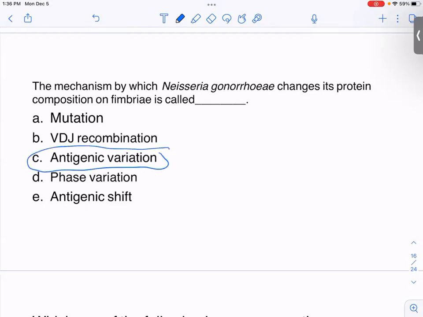Phase variation is when the fimbriae detach. Okay, so that's related. We're going to talk about antigenic shift in relation with influenza. So some of those terms get a little bit confusing. V(D)J recombination was the mechanism for how B cells and T cells make so many different B cell and T cell receptors. So we talked about that a long time ago.